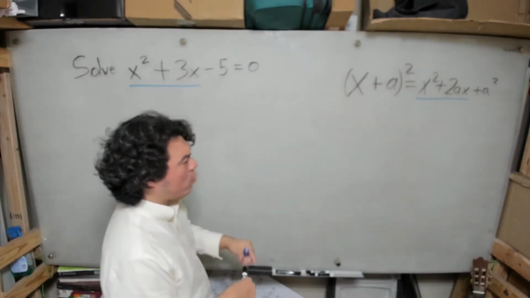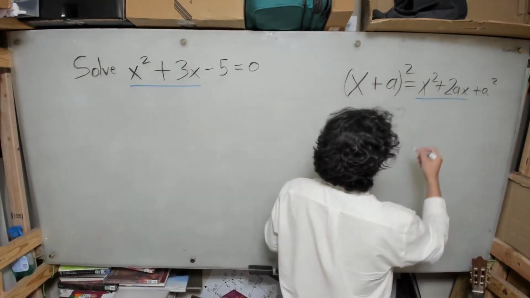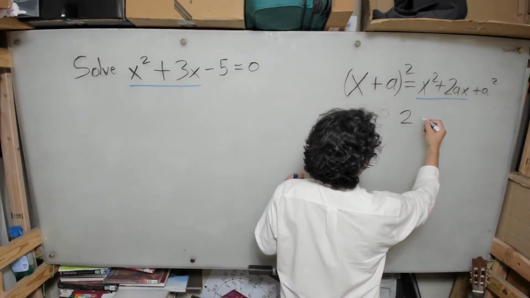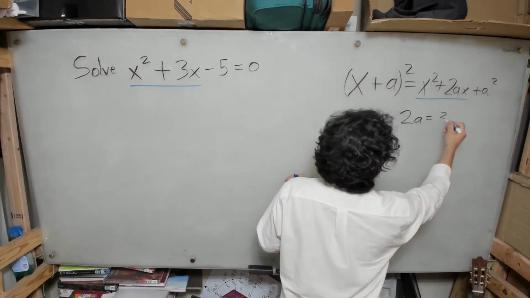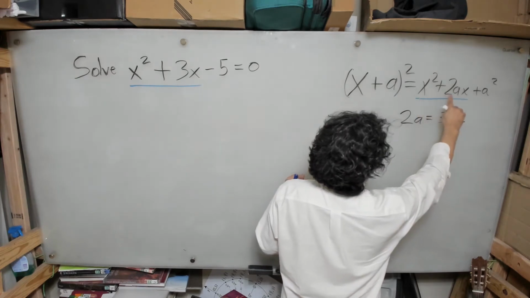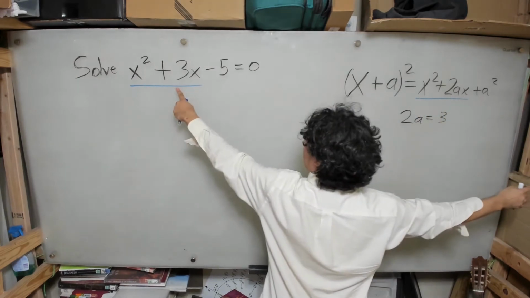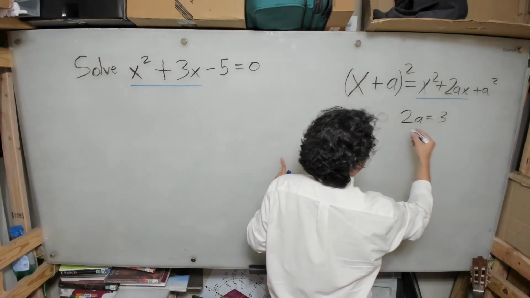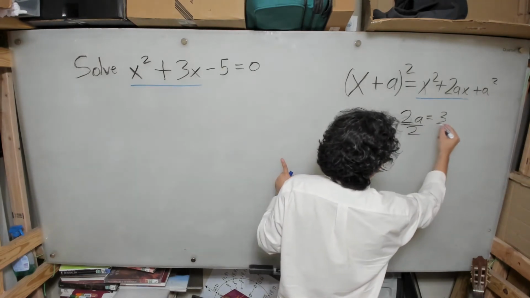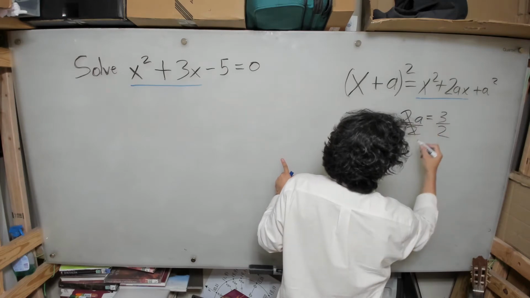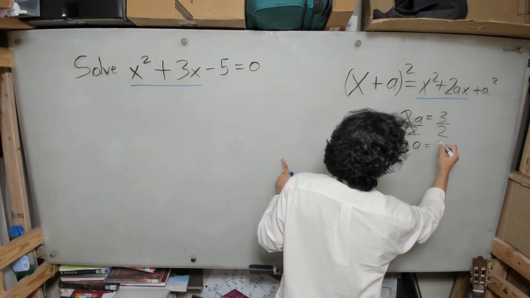Well, in that case, 2a would have to equal 3, because then it would be x squared plus 3x, which is what we have there. And if I divide both sides by 2, I get that my a would have to be 3 over 2.